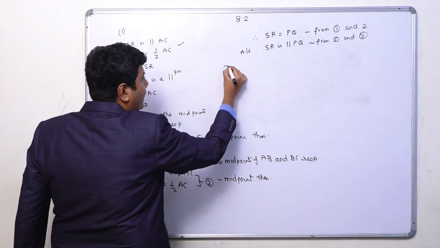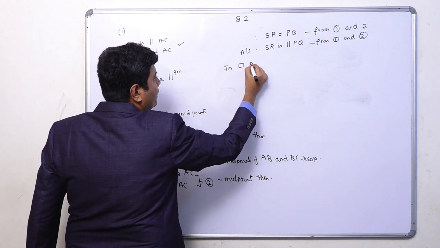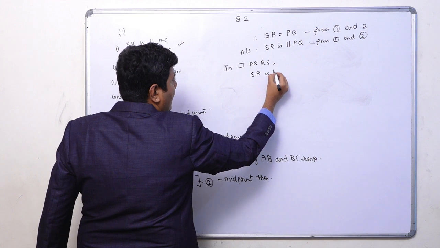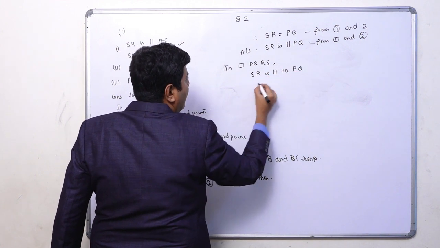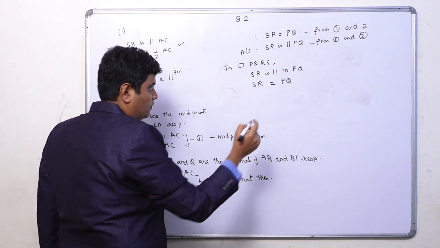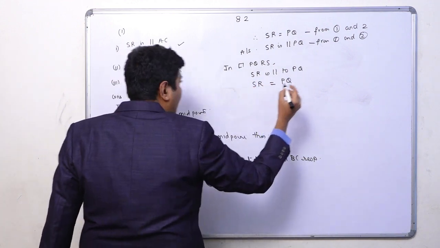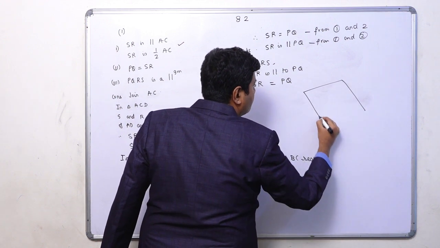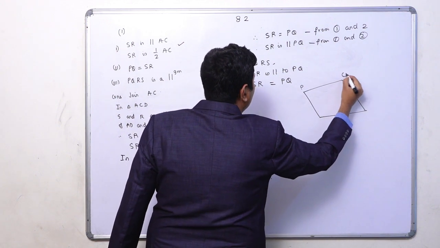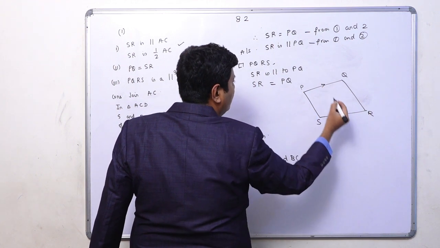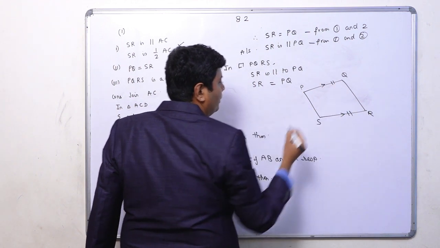Correct? Now in quadrilateral PQRS, I have SR parallel to PQ and SR equal to PQ.